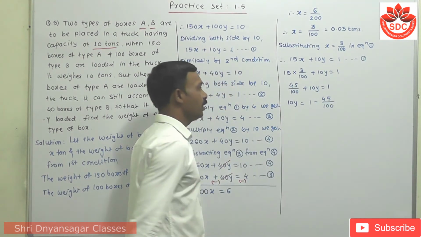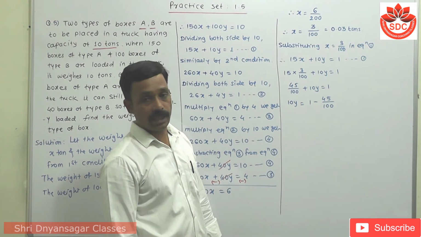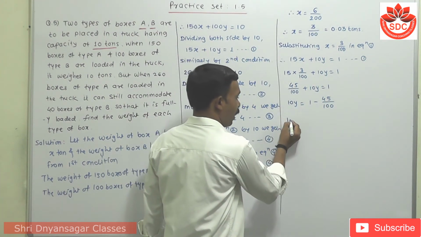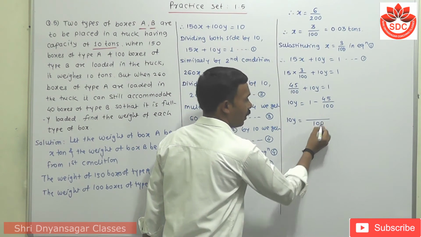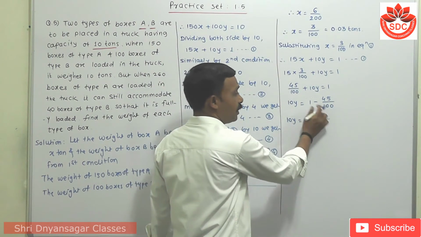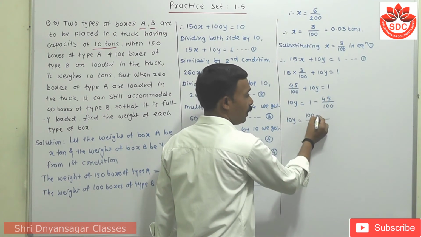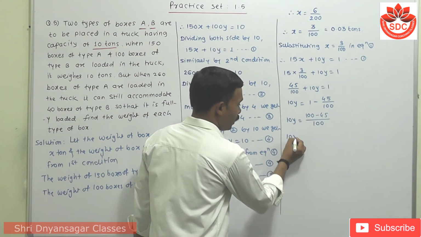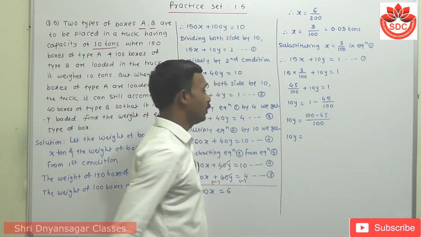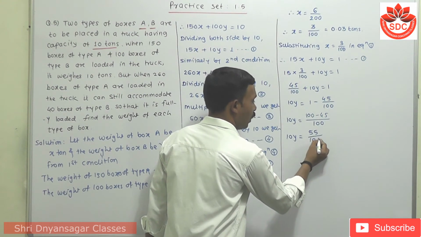Can you understand this? This is the fraction. Plus transposed to the other side converts to minus. Then 10y is equals to, I have to find its LCM, which is 100. Then multiply this 100 with this 1, denominator 1, by 45 means 45. Then this subtraction becomes 10y is equals to 55 upon 100.